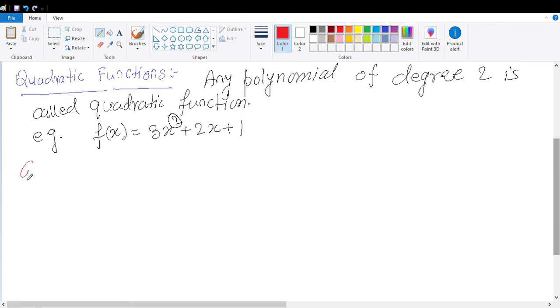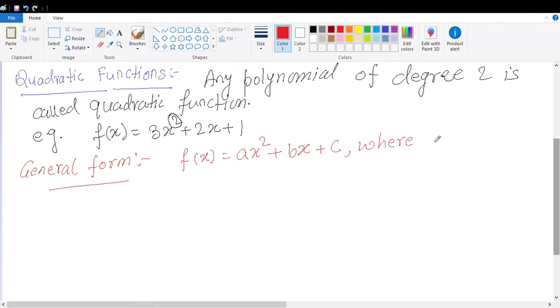Now, what is the general form of a quadratic polynomial? The general form is f(x) = ax square plus bx plus c, where a, b, c are real numbers and a is not equal to 0.